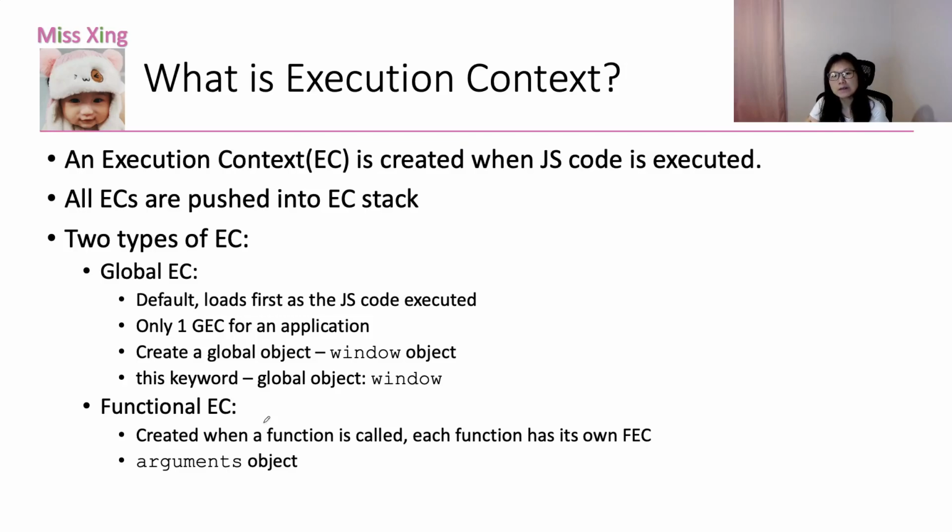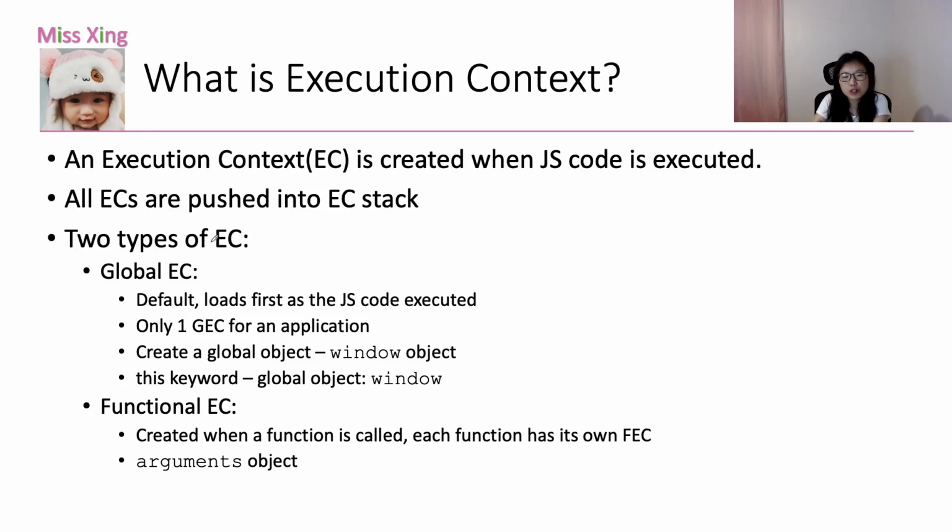But different JavaScript engines may have slight differences when they execute JavaScript code. And all the execution contexts are pushed into an execution context stack. JavaScript is single threaded, so it only has one stack per application.